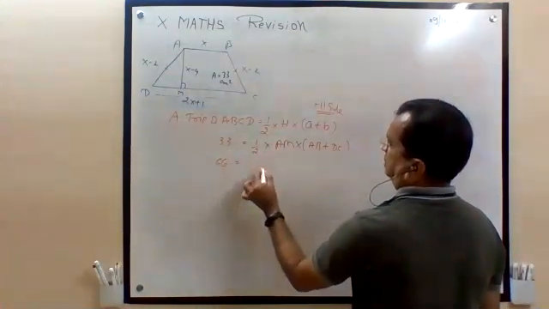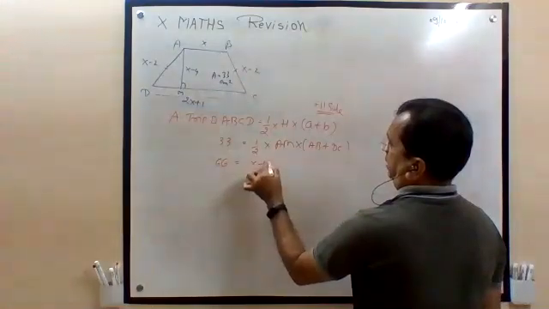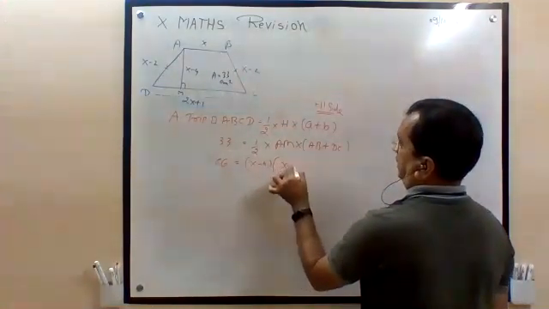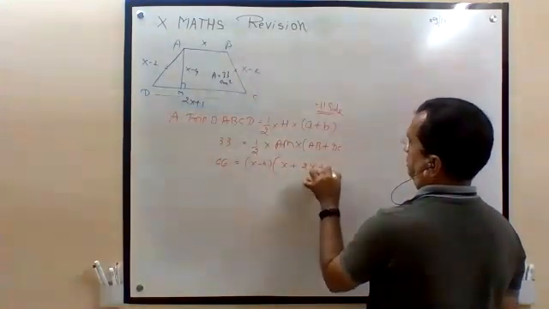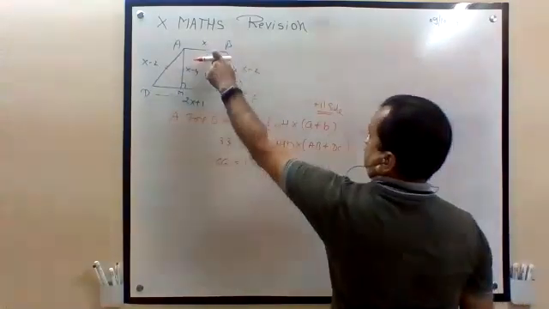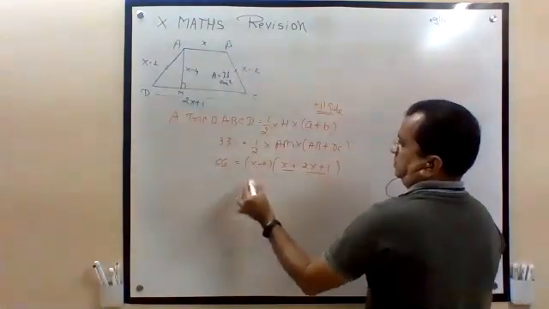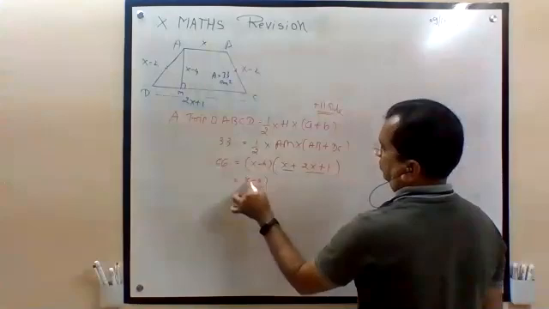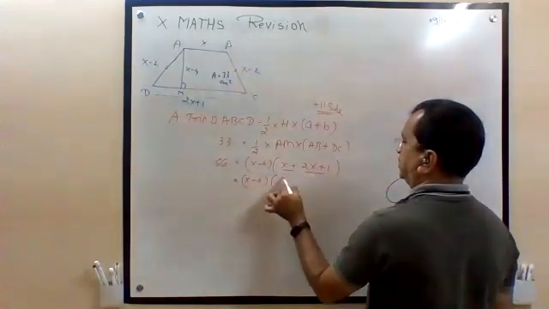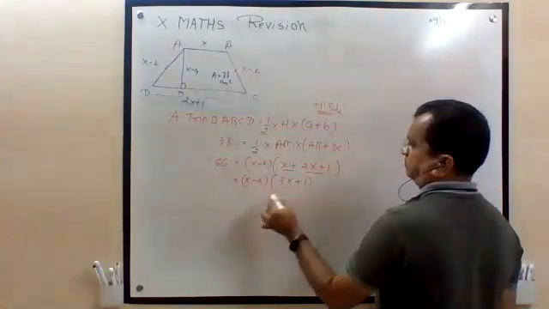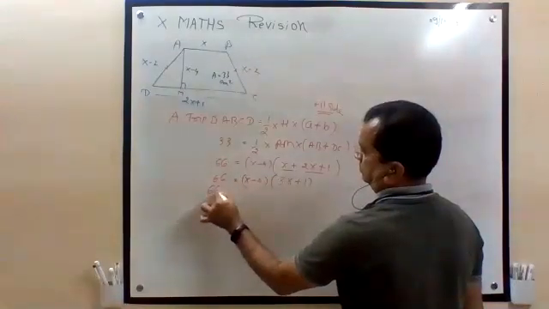This goes this side. So 66 is equal to x minus 4 into x plus 2x plus 1. This plus this into this. So that is x minus 4 into 3x plus 1.